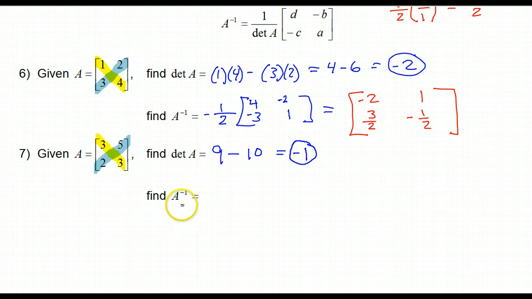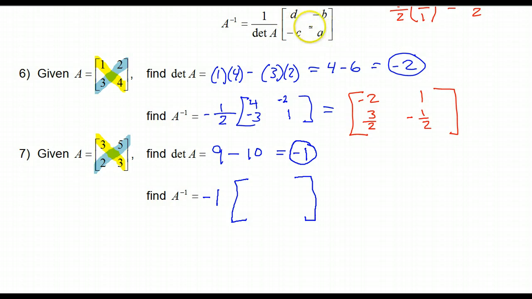Now, to do the inverse, the first thing I do is the reciprocal of this. Well, the reciprocal of 1 is still 1. So as far as the reciprocal, it stays -1. 1 is the reciprocal of itself. So I'm going to leave that there. Now I'm going to do the little deal.